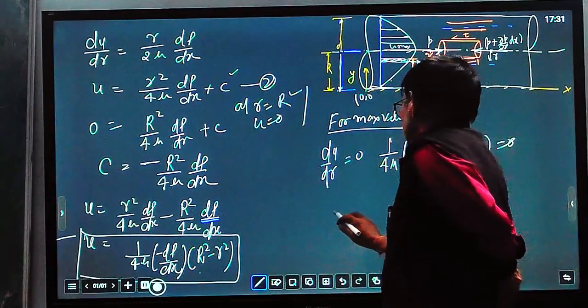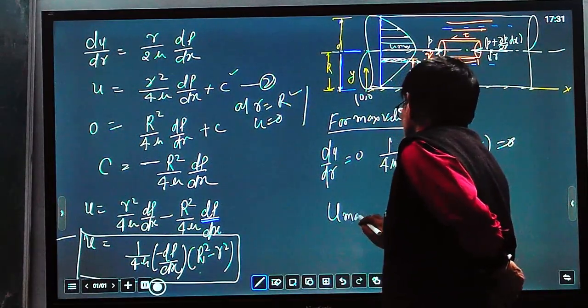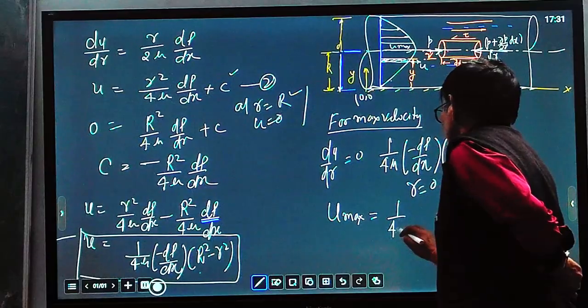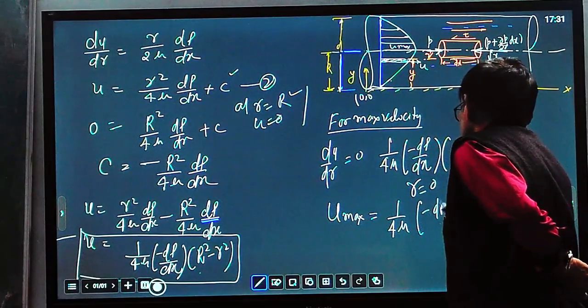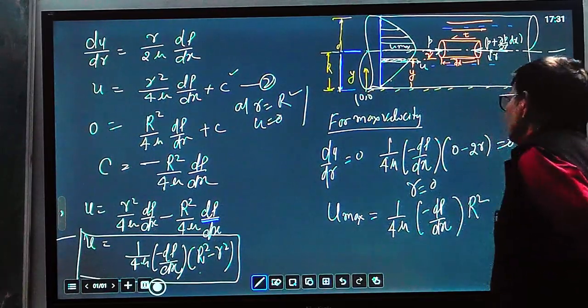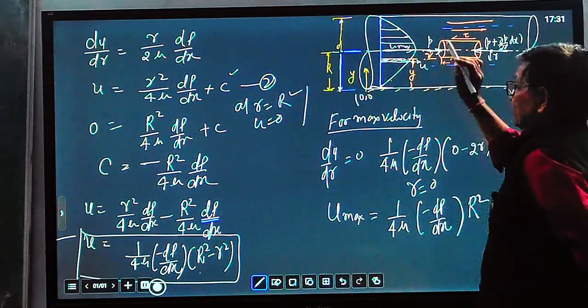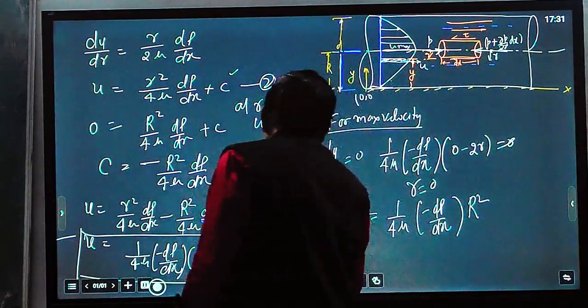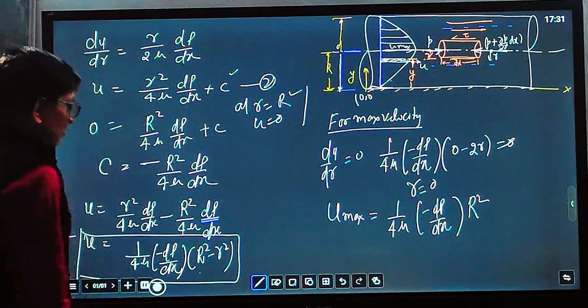So what is the maximum velocity? U maximum equal to 1 upon 4 mu, minus dp over dx, into R square. This is the maximum velocity. The two things you have to remember: the general equation and the maximum velocity.